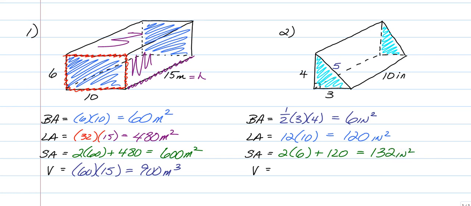And then to find the volume, it is the area of the base, which we already found, times the actual height of the prism, which is 10. So you have a volume of 60 inches cubed. Okay? So that is how you find the surface area and volume of a prism.